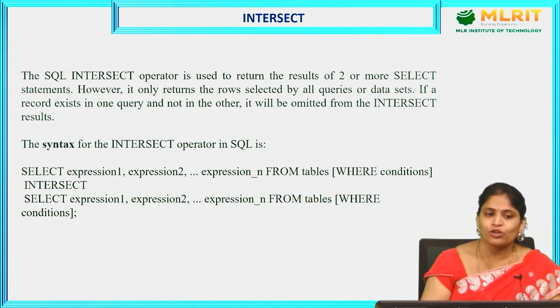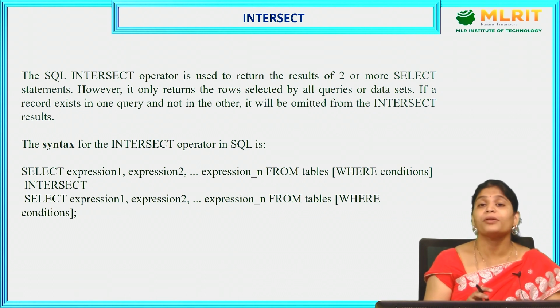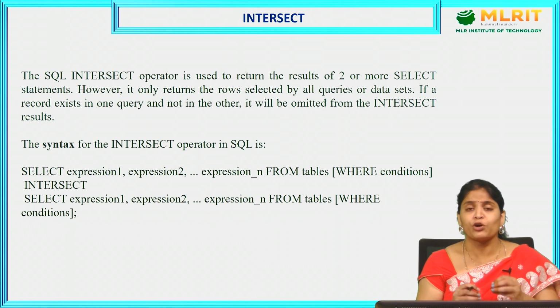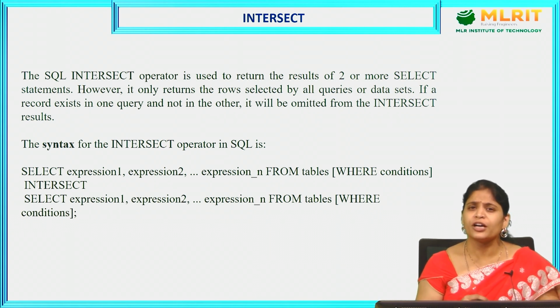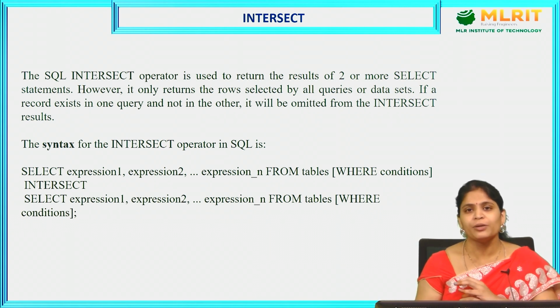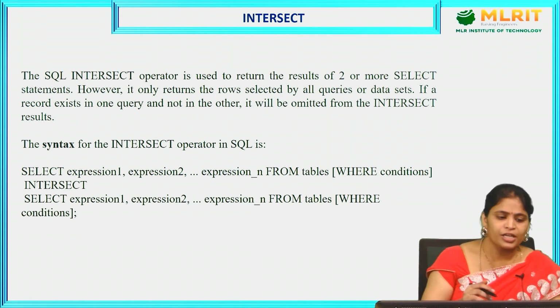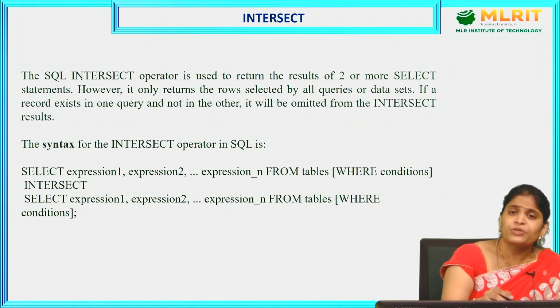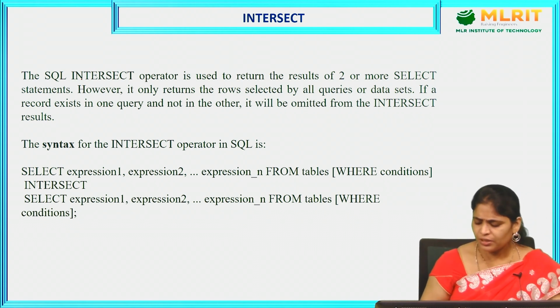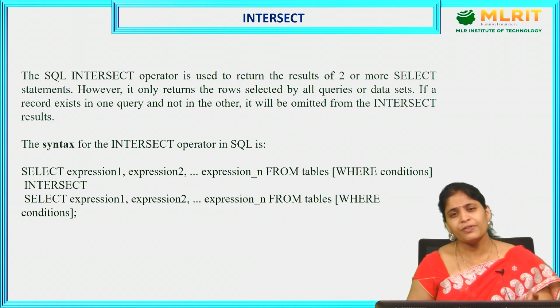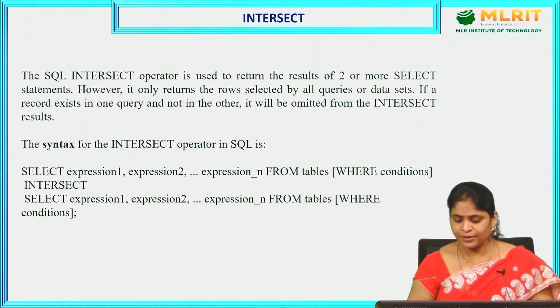Next, the intersect operator. What is intersection? In intersection, the common values are retrieved. That means, if I want the names of sailors who reserved both red and green boat, compulsorily the sailor names I want to retrieve who have reserved both red and green boat. So, by using intersect operator, we can represent the same form. As the union has been represented in the same manner, we can represent the intersect operator also.